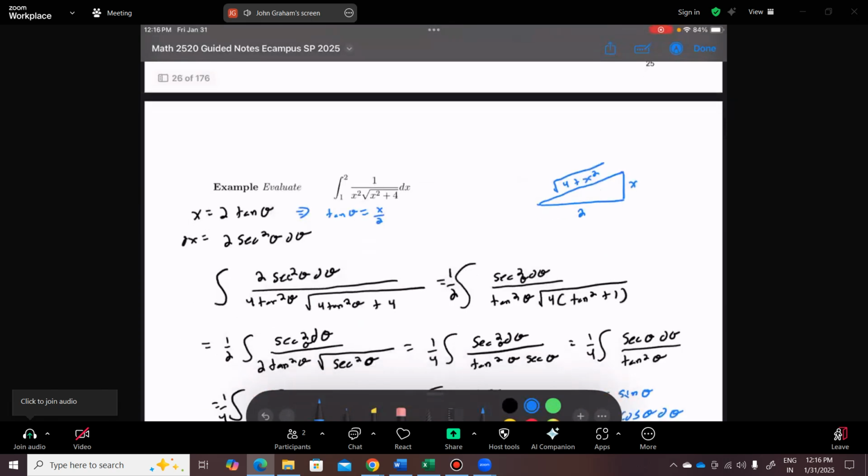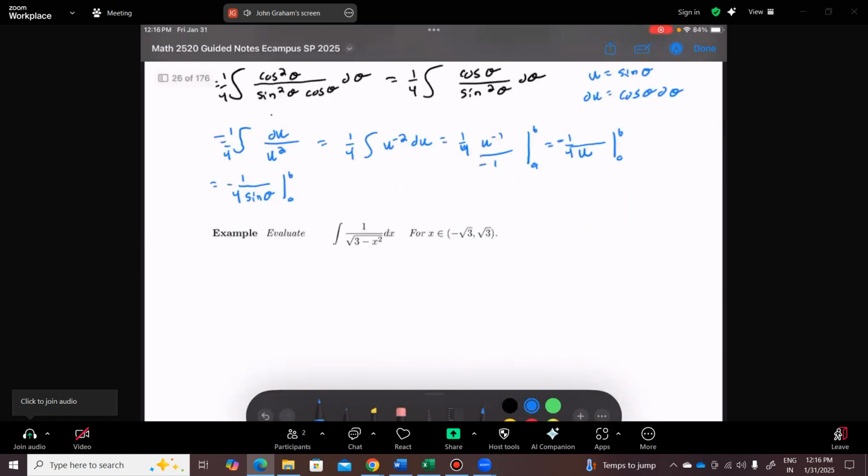We want to know sine theta. It is going to be opposite, and theta is this one, over your hypotenuse. So x over square root of 4 plus x squared.